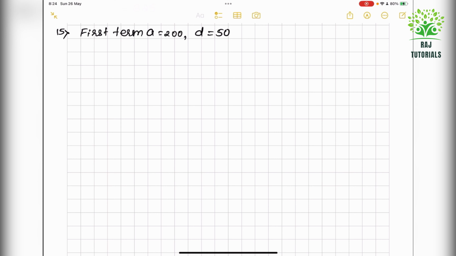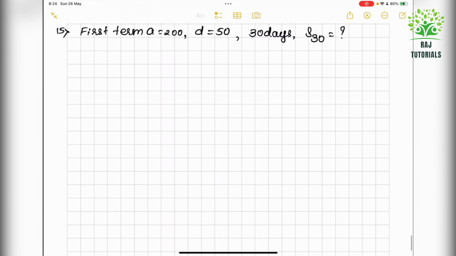So we need to find for 30 days. So I can say okay, I need to find S30, which he has asked me. So now we know A, we know D, we have to find S30. So first of all, Sn will be n by 2 into 2a plus (n minus 1) d.